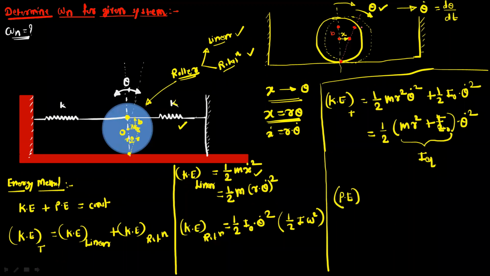And this will cause the compression of the spring. So this displacement is nothing but the deformation of the spring K.